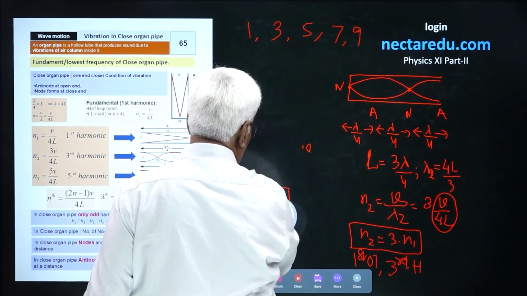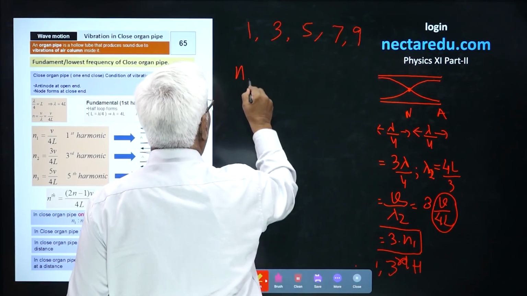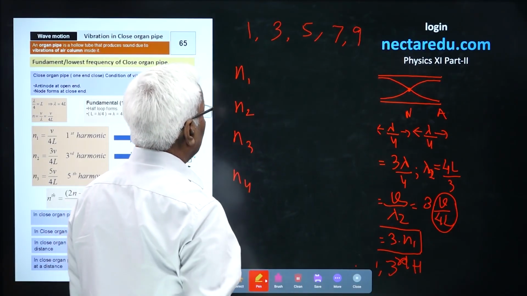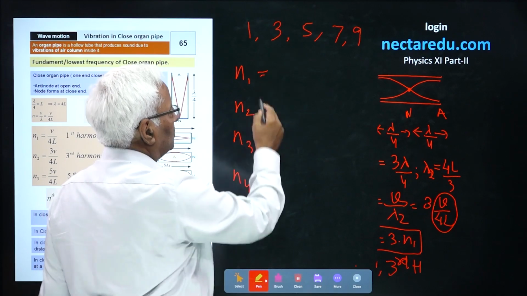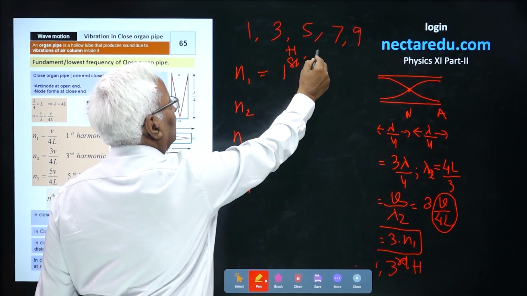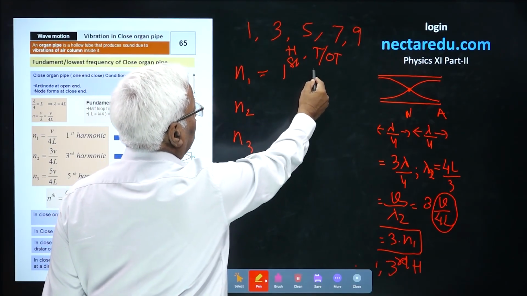So, what is the case going to be in this example is you go on writing N1, N2, N3, N4 and so on. N1, this is first harmonic, and tone. Over tone I would write here, this is tone.